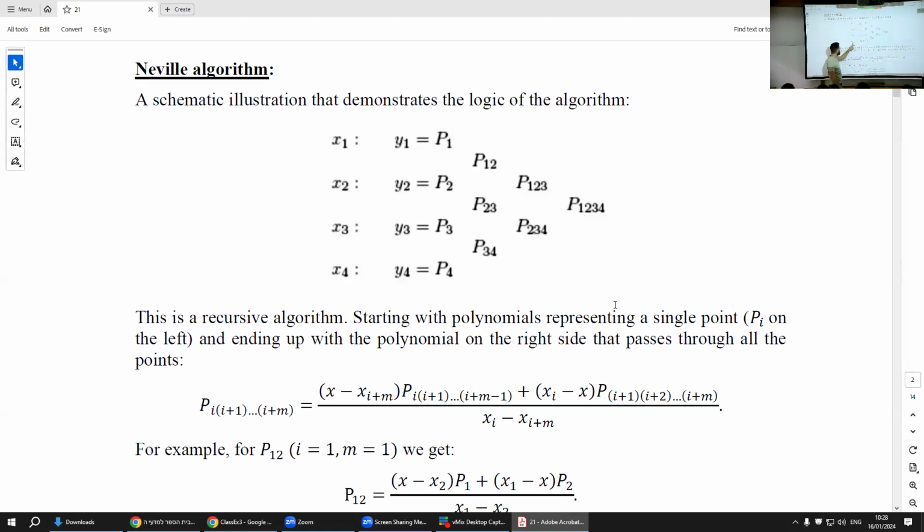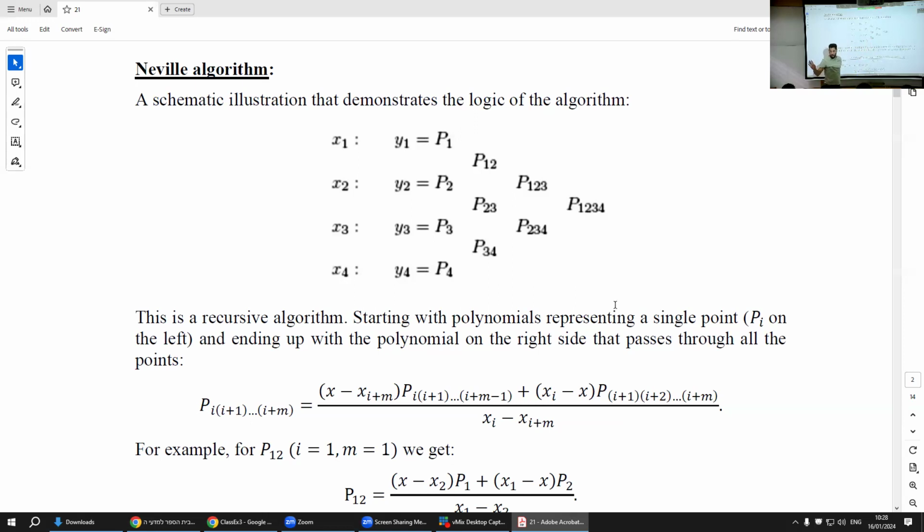Again, if I want to use only the piece of information about x4 in order to evaluate at this x, I will say that my evaluation at x is y4. Okay? But if I want to use x3 and x4 in order to evaluate here, this is extrapolation, I will say that my answer is p34, which is built of these two.